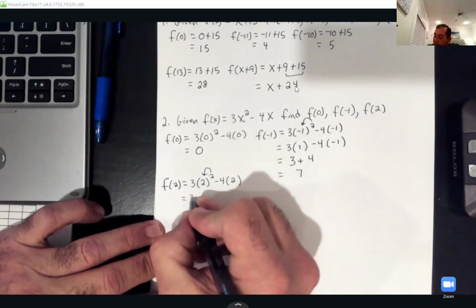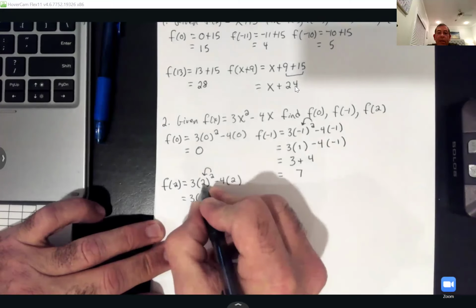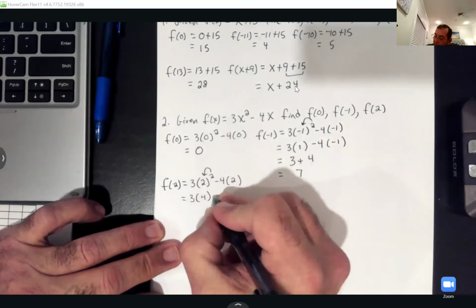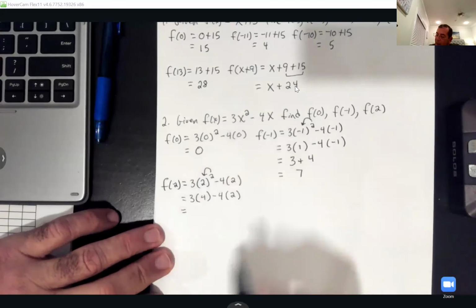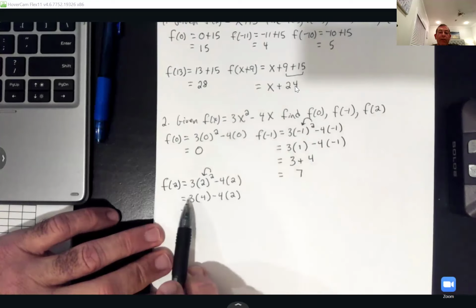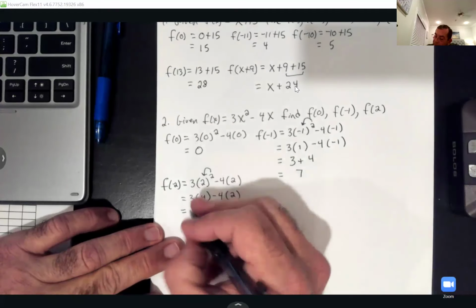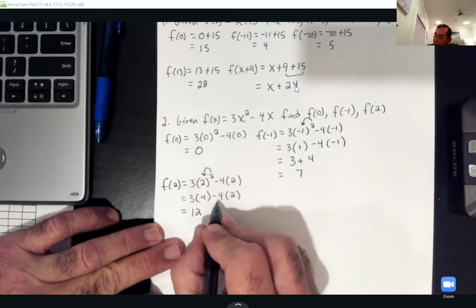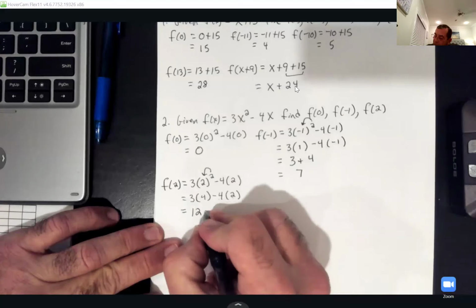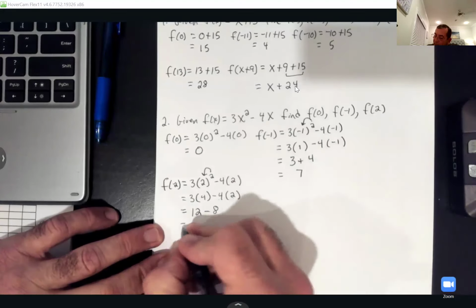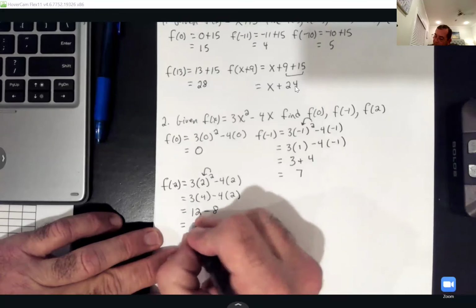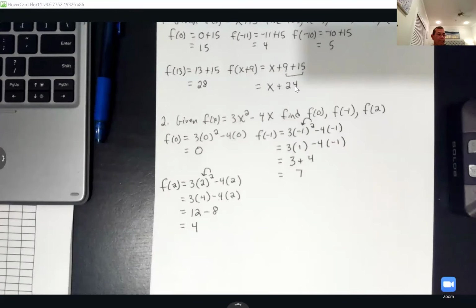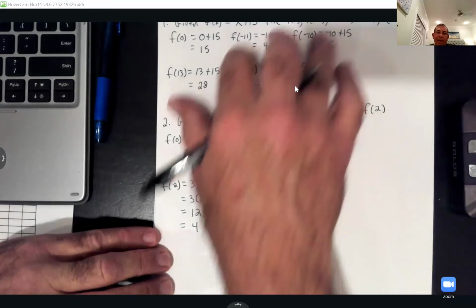So bring this 3 down. 2 times 2 is 4. And then I'm just bringing everything else down. Now I'll do all my multiplying. 3 times 4 is 12. -4 times 2 is what, a -8. And y'all, 12 minus 8 gives me a 4. And that's all you got for support.